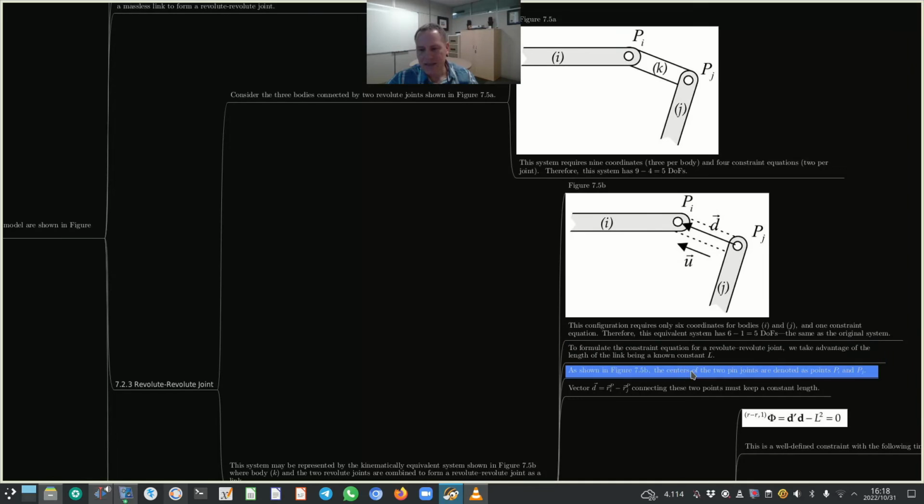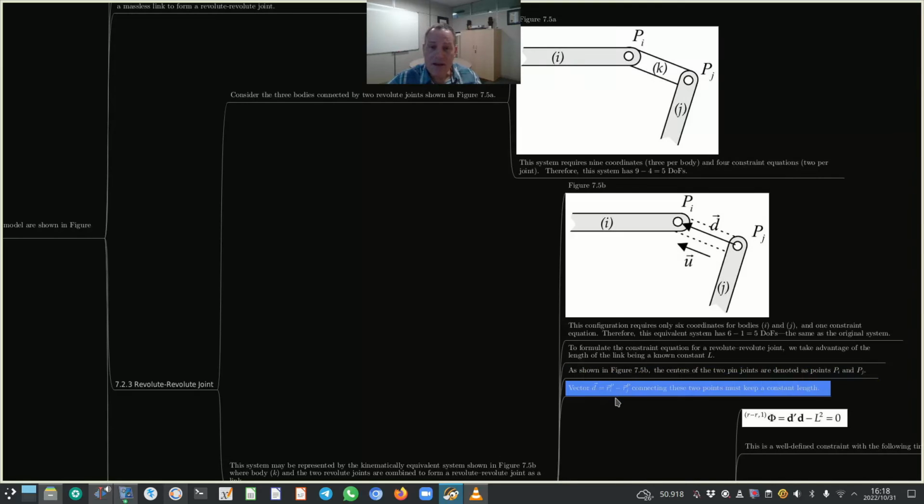So let's see how Prof. Nikravesh has done that. As shown in figure 7.5b, the centers of the two pin joints are denoted as points Pi and Pj. Vector D is then Rpi minus Rpj, connecting these two points, and this vector must keep a constant length.